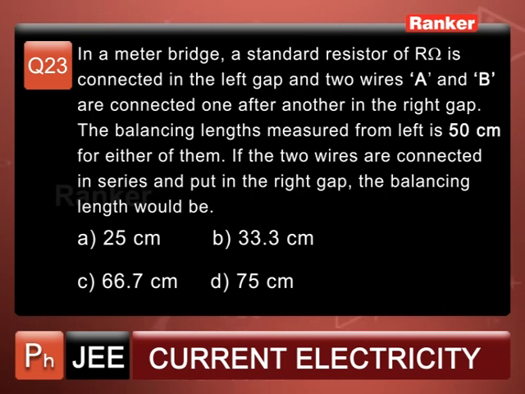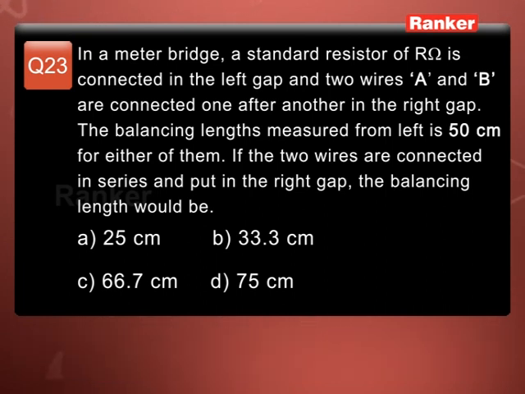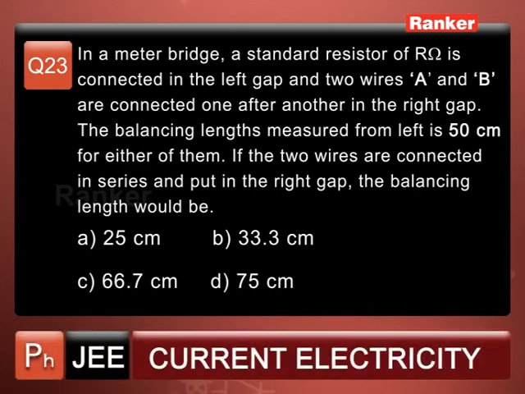The balancing length measured from left is 50 centimeter for either of them. Whether you are using A or connecting B across the right gap, in both cases we get the same balancing length, that is given as 50 centimeter. In fact, here itself one can understand straight away that both have the same resistance. That is the very meaning of it.